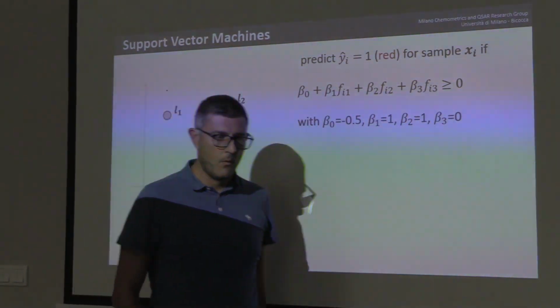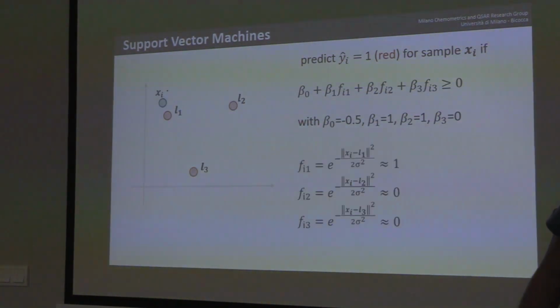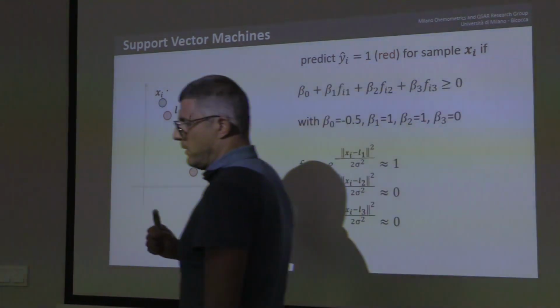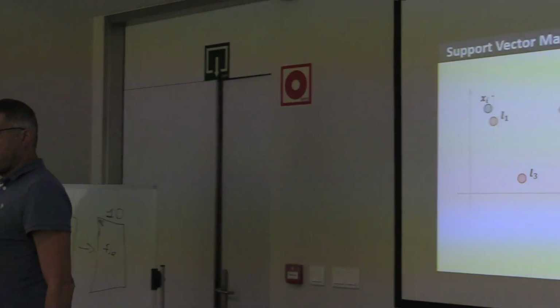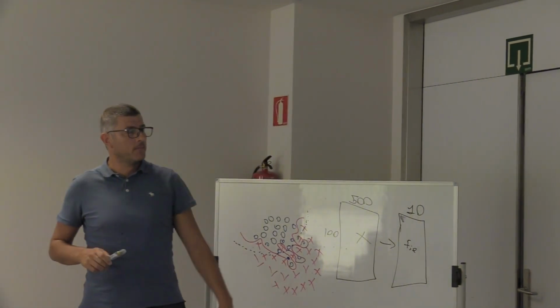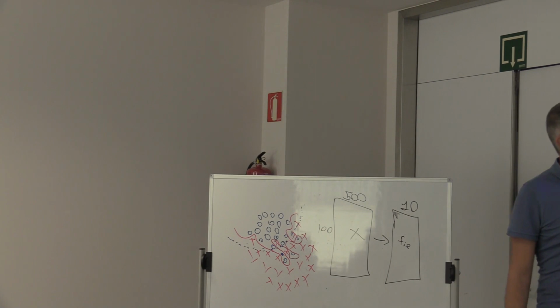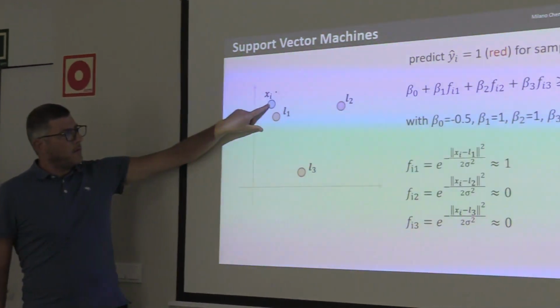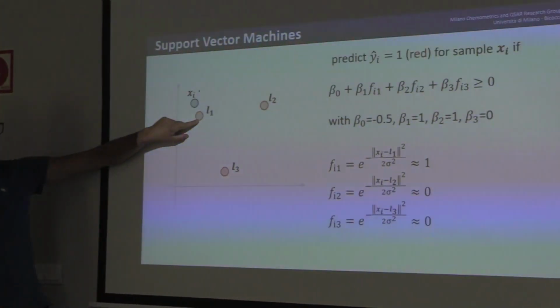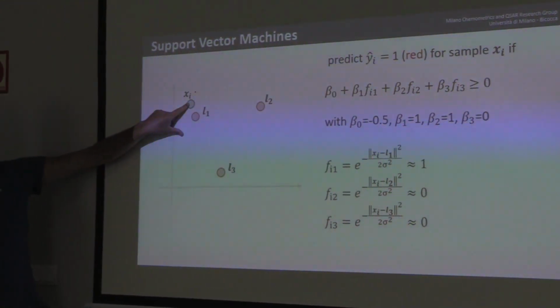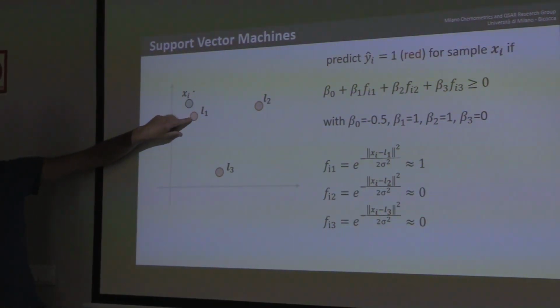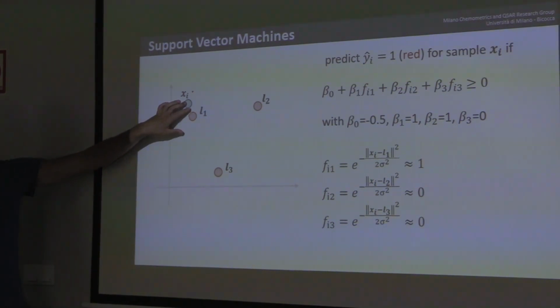What does it mean? Now, I get a new sample. This one. This sample will have, for the first feature, so the similarity with respect to the first landmark, a very high value, close to 1, right?